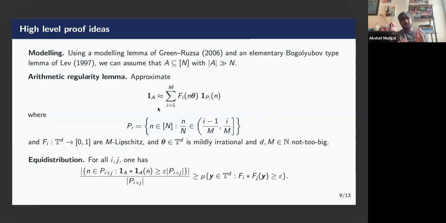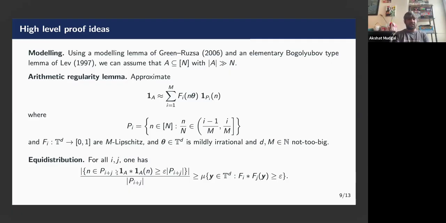Okay, I want to study A plus A. I want to show that A plus A is large. So what I'm going to do is pick one such interval, one such block, and I just want to show that A plus A in this block is quite large. So how do I capture A plus A? A plus A is basically the support of the convolution 1_A star 1_A.